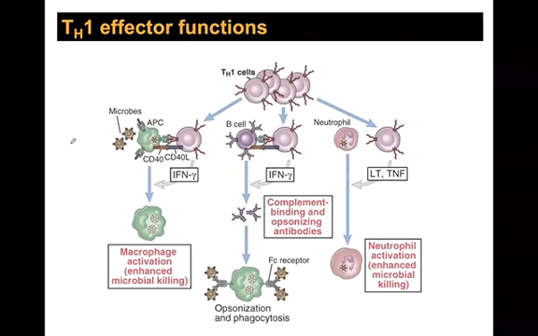So how do they do this? Well, there's a number of different things that Th1 cells will do. They get activated and they go out into the periphery and they see an infected cell or a macrophage that has something inside of it. They will provide interferon gamma. Okay, and that's this key cytokine for Th1 cells.